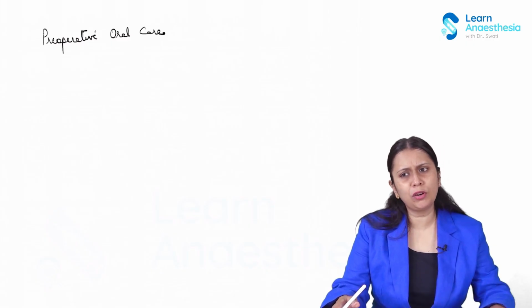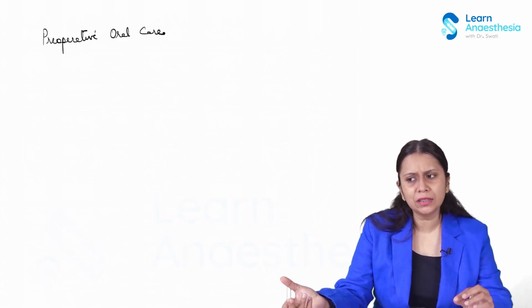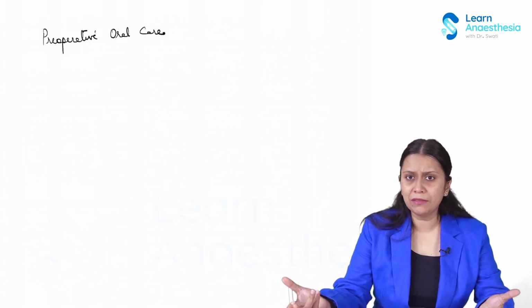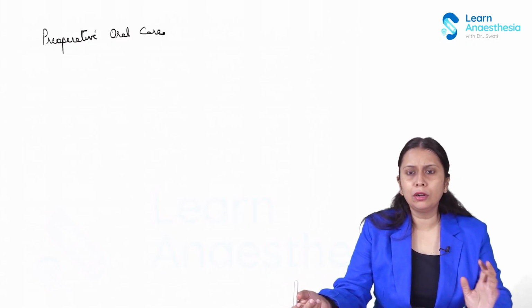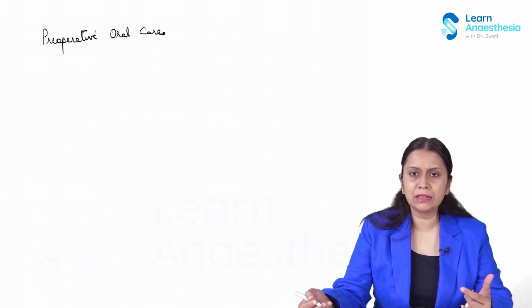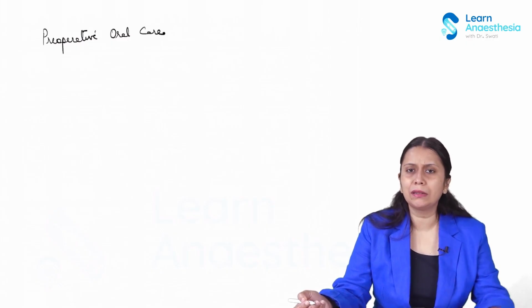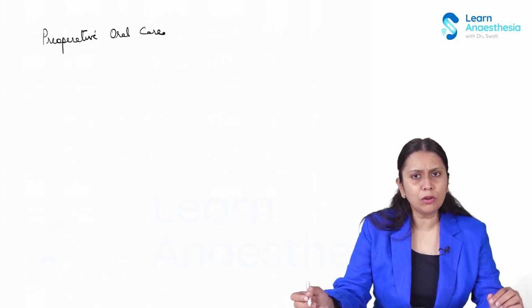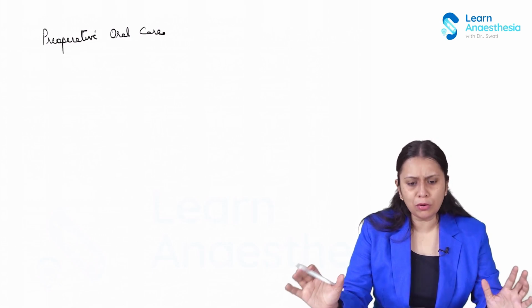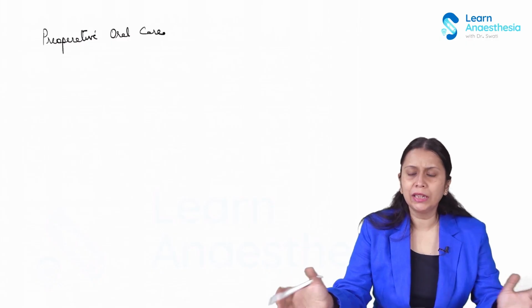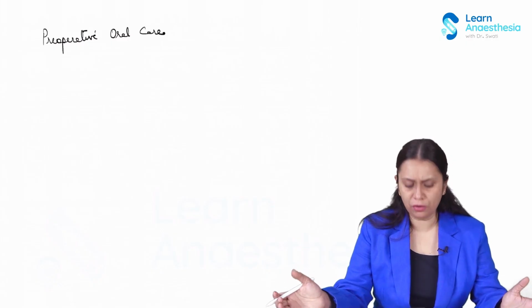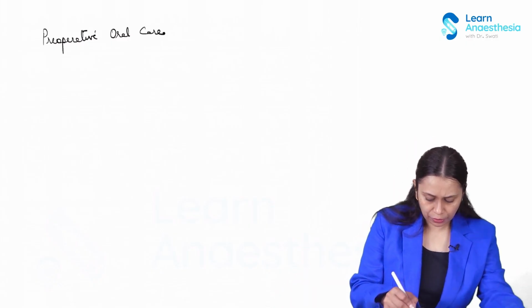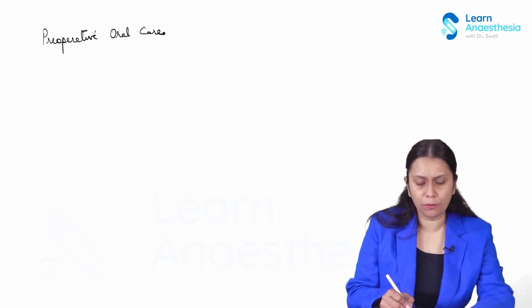For cardiac surgery, it is normally advised to use chlorhexidine mouthwash twice daily, let's say 1 week prior to surgery. Now, this should be practiced in every patient. The chlorhexidine mouthwash is not necessary, but proper oral hygiene should be practiced in every surgical patient posted for surgery. So, pre-op oral care should be optimized.